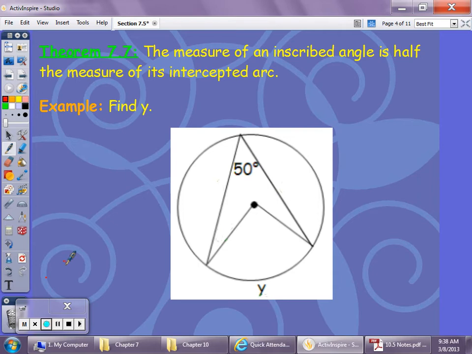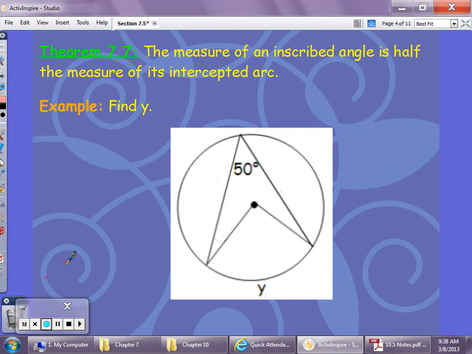Theorem 7.7 states the measure of an inscribed angle is half the measure of its intercepted arc. So based on the diagram, let's find why. The first thing we want to do is locate the intercepted arc. Here is our vertex that is on the circle. Here are the two chords that create the angle.